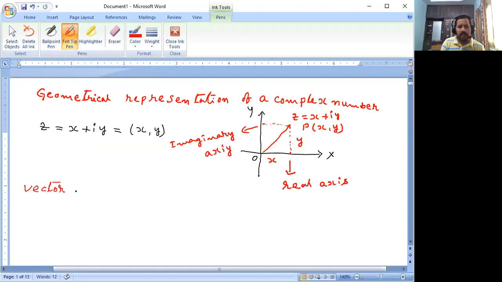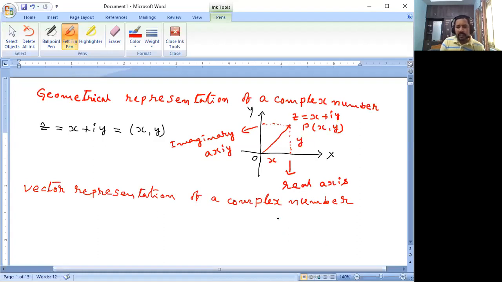Next, vector representation of a complex number. Now, the complex number can be represented in the coordinate system as a point.